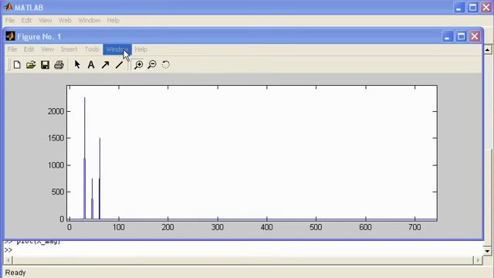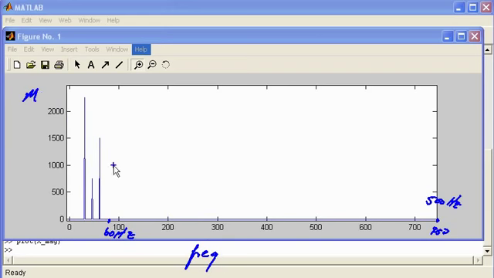Okay. So we had identified that this halfway up point of 750 bins corresponds to 500 hertz. And we'd also said that this point here was about 60 hertz. And this was frequency, and this was magnitude. Now, looking at these, we see there's three components.